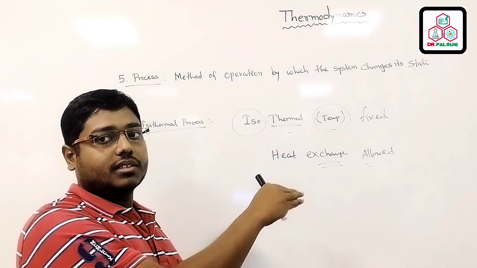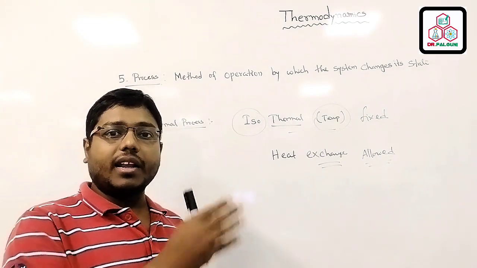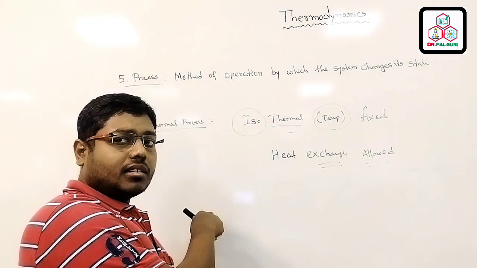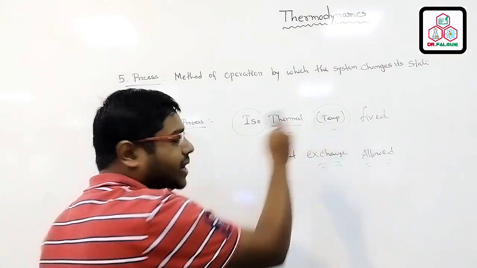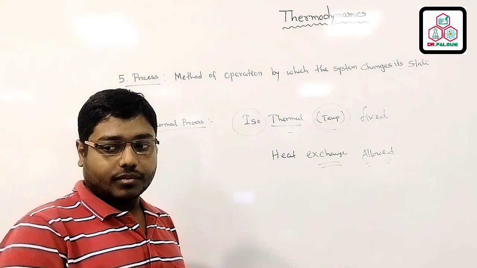In an adiabatic system, temperature can vary, but heat cannot be exchanged. That is adiabatic. Isothermal means the temperature remains fixed, but heat can be exchanged. Okay.